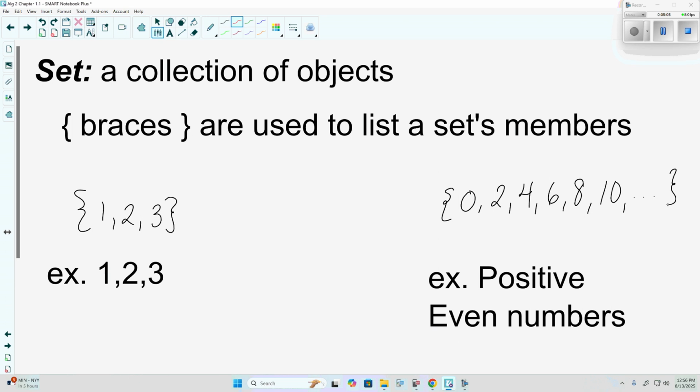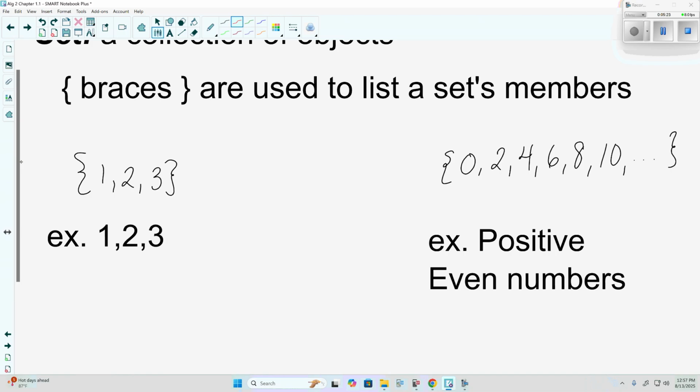There's an infinite number of positive even numbers. So once we have a pattern set, when we're listing the set's members, we can use the ... to signify that this pattern continues on indefinitely. And that's it for those two. Questions on listing sets so far?